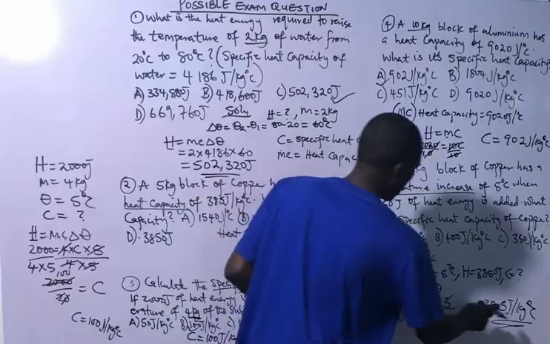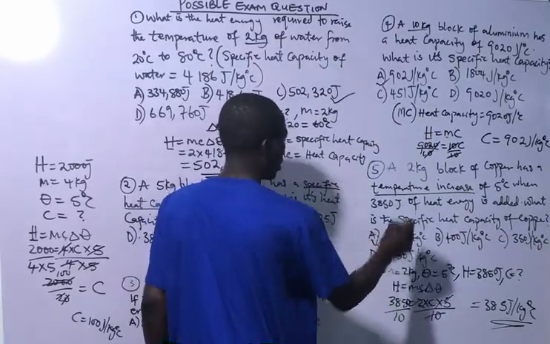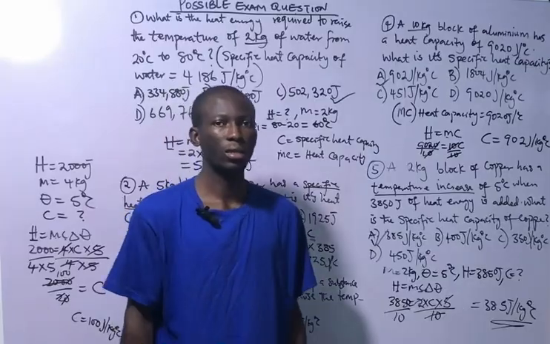So the answer is 385 joule per kilogram degree Celsius, which is option A. So option A is the answer to the question.